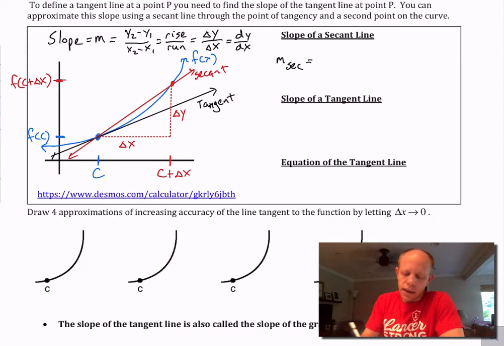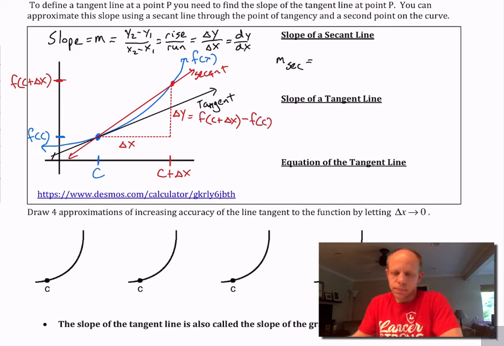Now, delta y can also be written as f(c plus delta x), which is the y value up here at the top, minus f(c), which is the y value down here at the bottom.